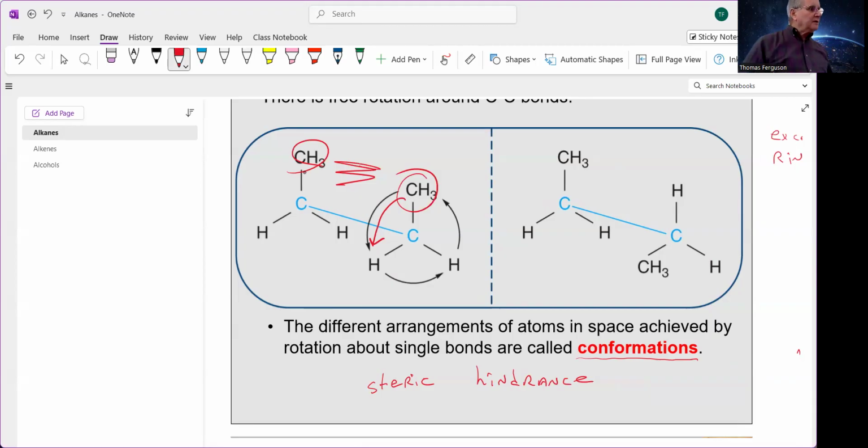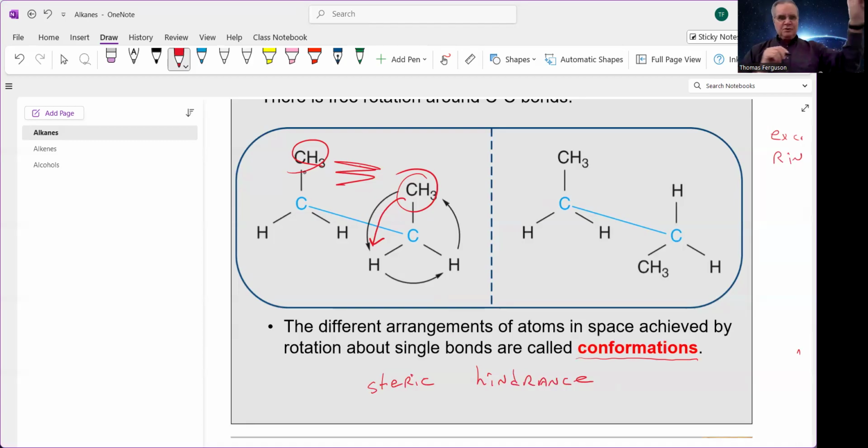Steric hindrance is when two groups are too close to one another. Nature doesn't like that, so the conformation of the molecule changes to minimize the hindrance. That's exactly right. Very good.